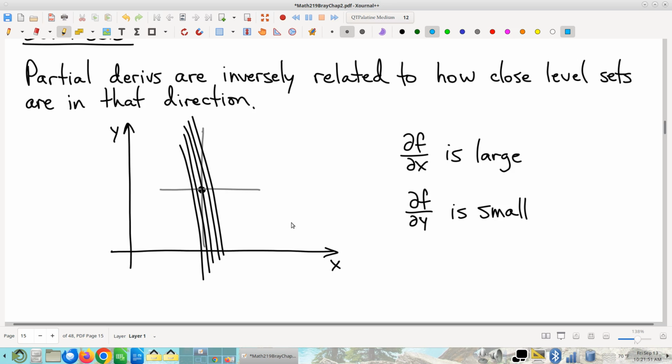Because that's been drilled into you since you took calculus. So you have to resist that temptation, because that is not true. Derivatives are not slopes, except in the special case where you're looking at a graph. And these are level sets, not graphs. So you cannot take that interpretation.